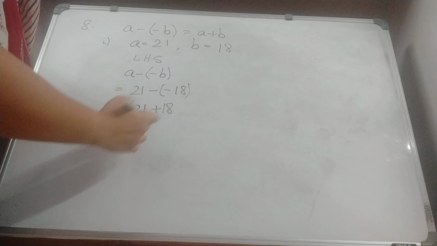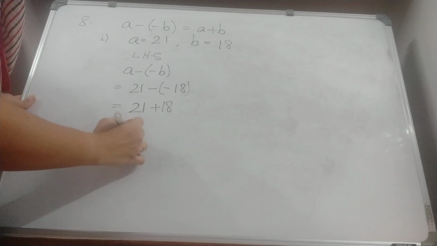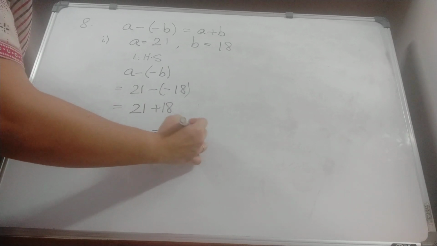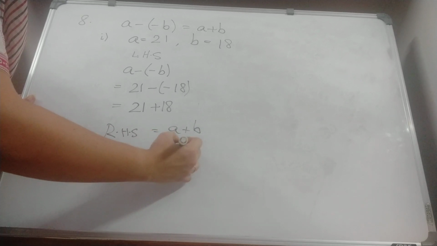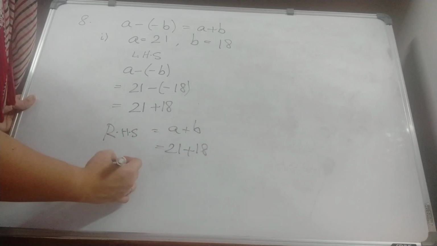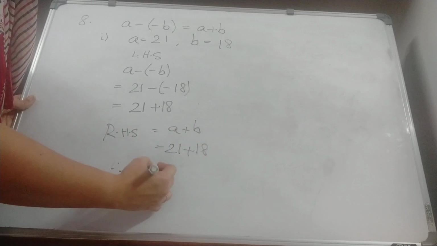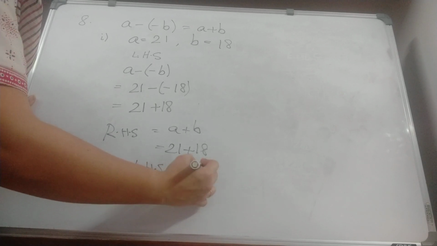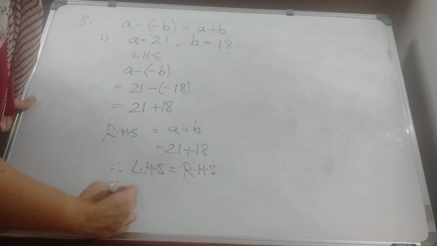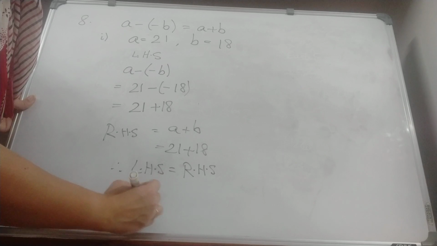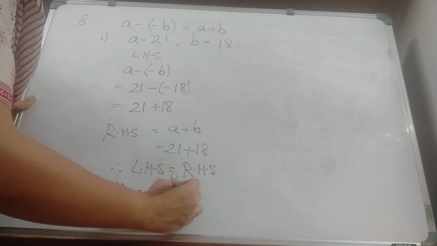And here your right hand side is a plus b, which is also 21 plus 18. So LHS is equal to RHS. Hence verified. This is the way you must always do.